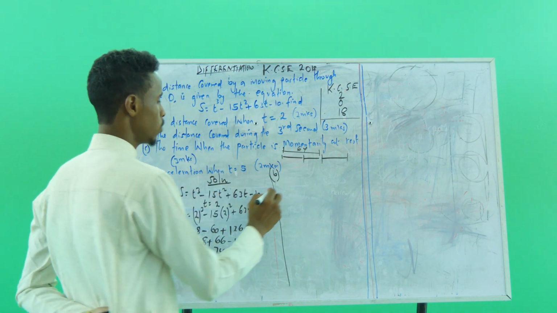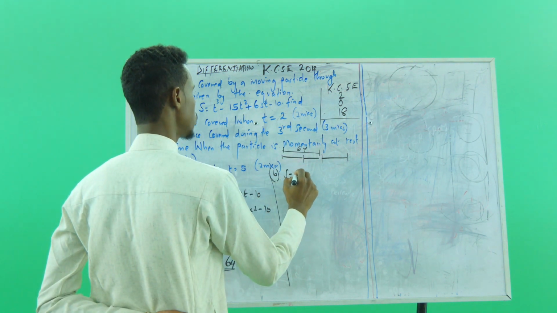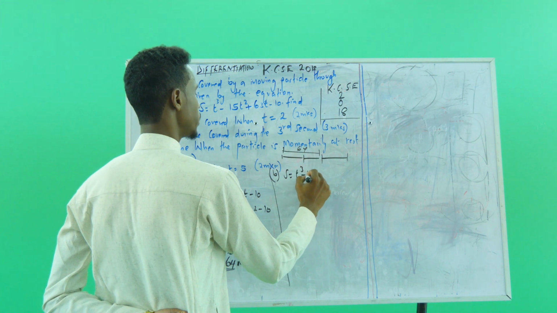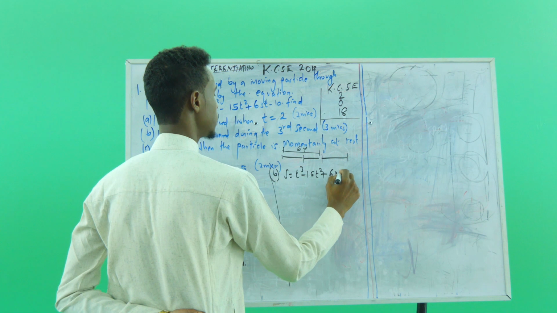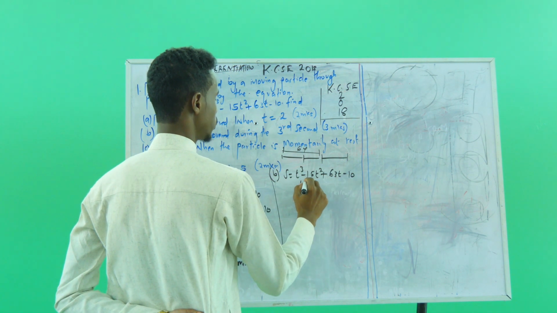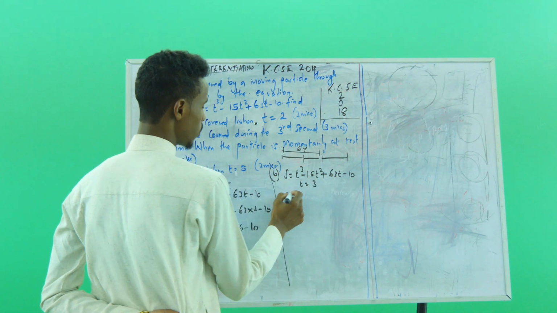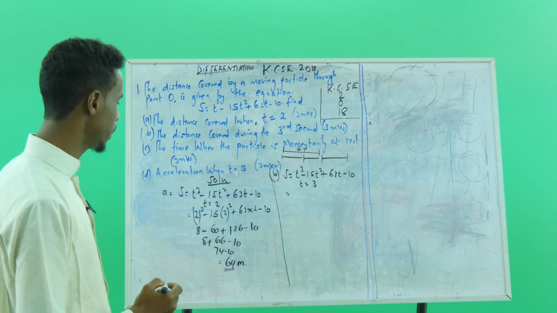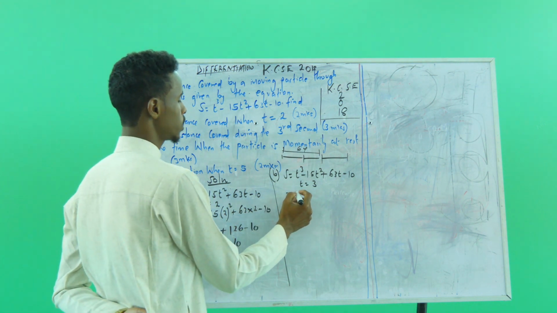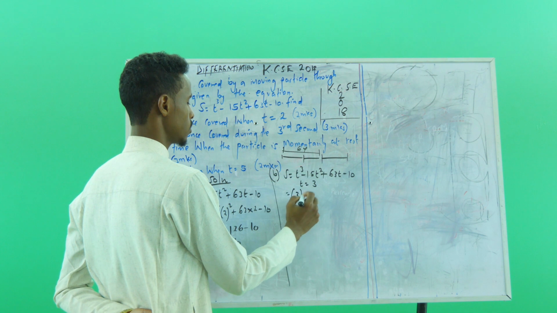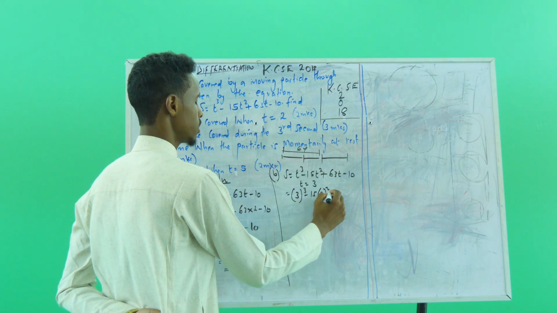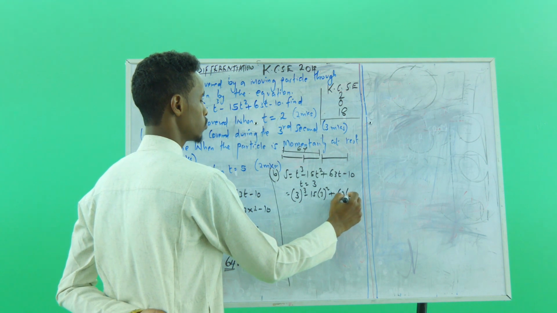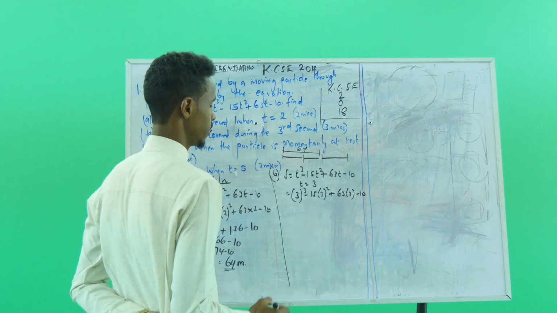Now S is equal to t cubed minus 15 t squared plus 63 t minus 10. Now t is equal to 3. This one will be very simple: 3 cubed minus 15 times 3 squared plus 63 times 3 minus 10.